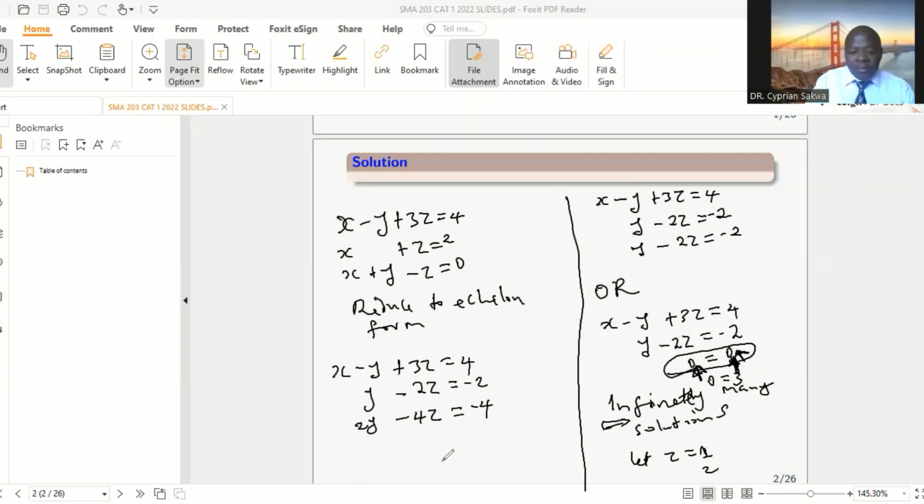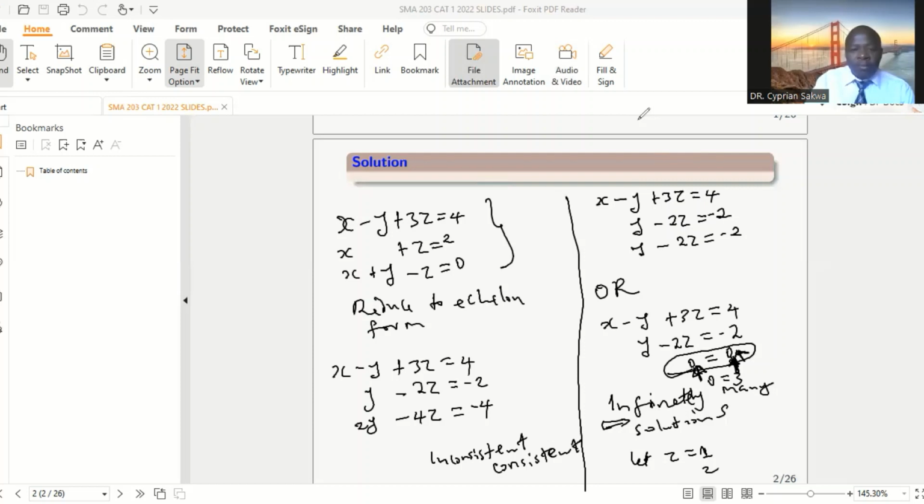A system that has no solution, we said, is called inconsistent. One that has a solution is called consistent. So the system given here is a consistent system, but it has infinitely many solutions.